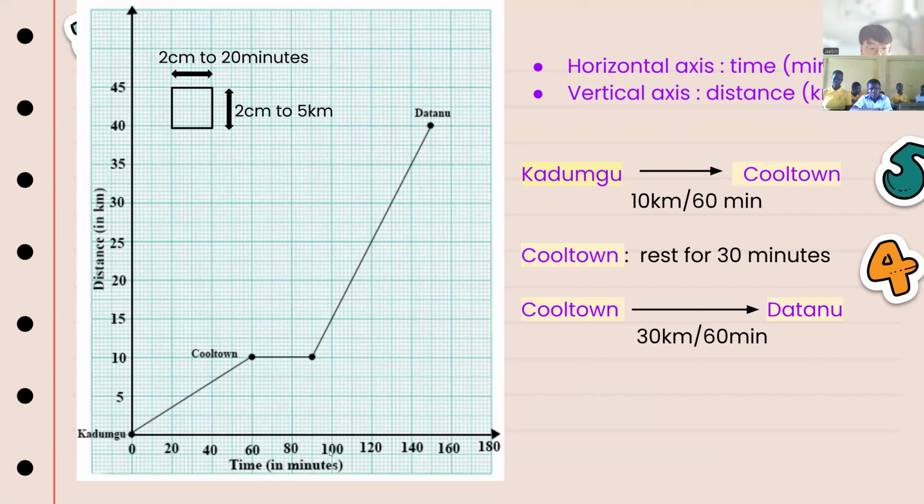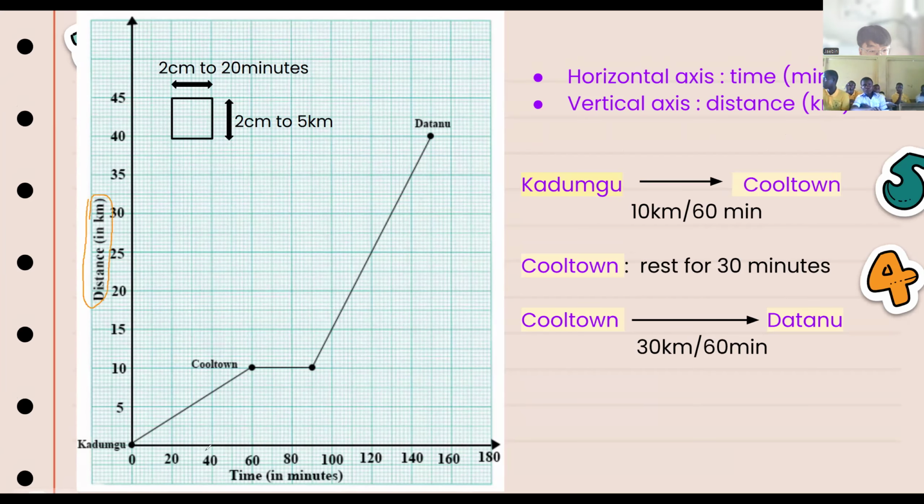Here, the horizontal axis is the time, and the vertical axis is distance. This distance right here, and time under here. It says 2 centimeters for 20 minutes. So we know here, 1, 2.